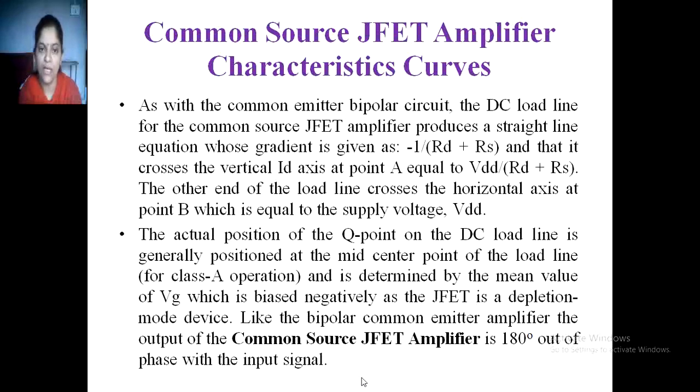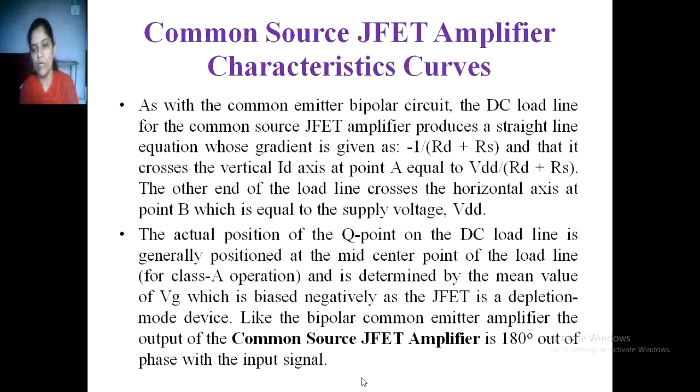The other end of the load line crosses the horizontal axis at point B, which is equal to the supply voltage VDD. The Q point on the DC load line is generally positioned at the mid-center point of the load line and is determined by the mean value of Vg, which is biased negatively as the JFET is a depletion mode device.